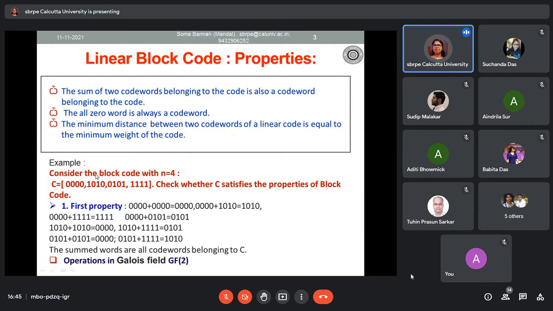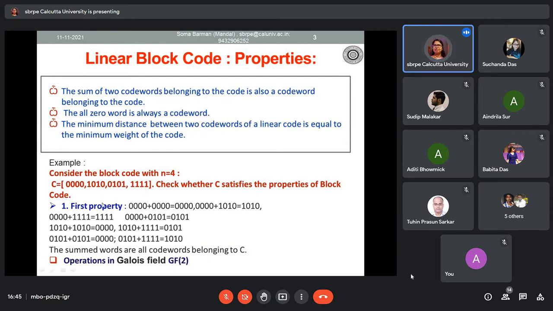The first property is that the sum of any 2 code words must also be a code word. So if I check 0, 0, 0, 0 with any of them, obviously it gives a code word that belongs to C, because adding 0, 0, 0, 0 gives the same word back. So the sum of these 2 code words generates a resultant code word that also belongs to C. So I am not checking 0, 0, 0, 0 with the other code words, because obviously it will belong to C.